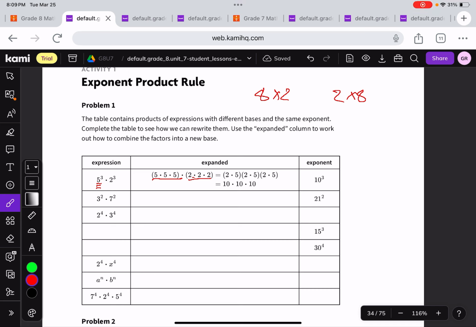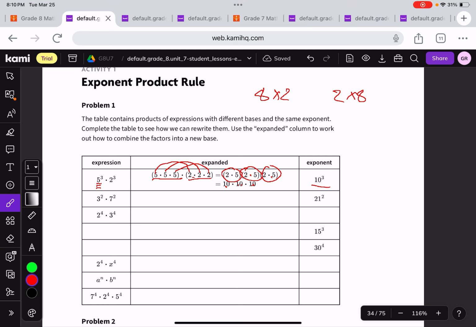So 5 times 5 times 5 times 2 times 2 times 2, they rearranged it as 2 times 5, times 2 times 5, times 2 times 5. You can see it there, there, and there. Well, 2 times 5 is 10, three times, and 10 times 10 times 10 is nothing other than 10 to the 3rd.